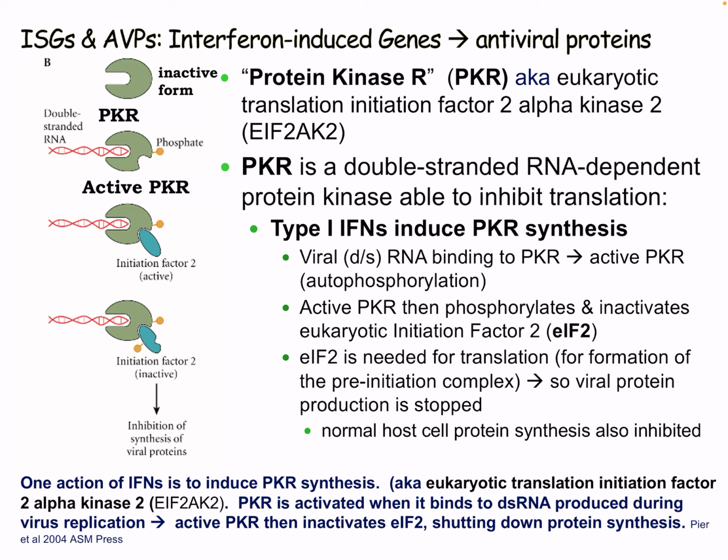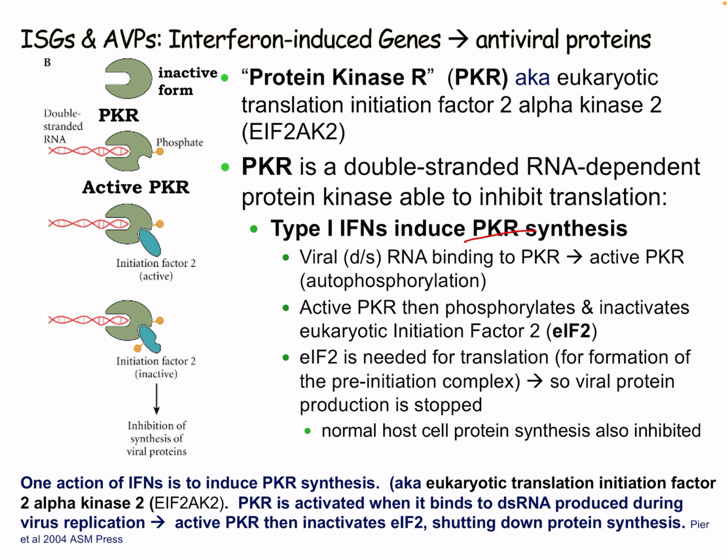Viral double-stranded RNA binding to PKR results in active PKR through autophosphorylation. Active PKR then phosphorylates and inactivates EIF2. EIF2 is needed for translation, for the formation of the pre-initiation complex. So viral protein production is stopped, and normal host cell protein synthesis is also inhibited.